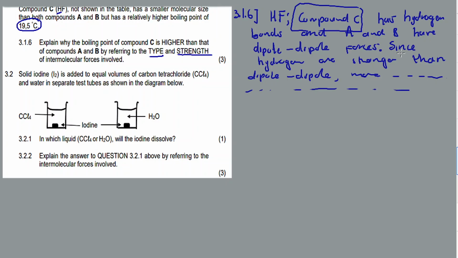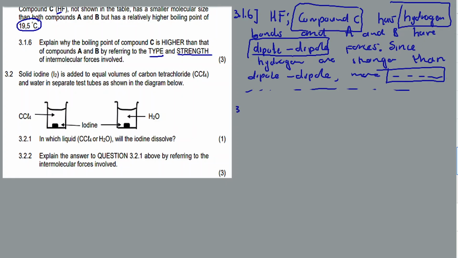So there are keywords you must use. You need to mention the type of forces and the nature of the energy required to break the bonds, right? So those are the keywords: energy, and the type of intermolecular forces.